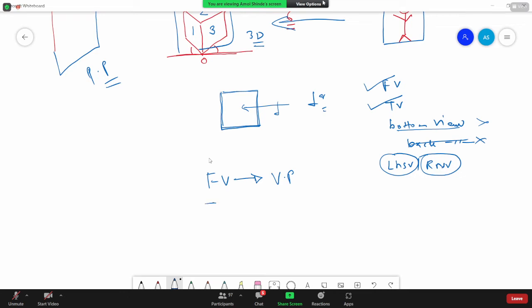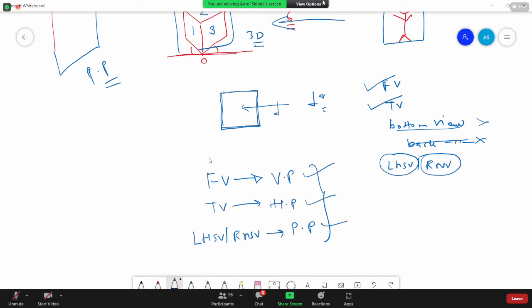If I want the top view, I need a reference plane, called HP. And I need LHSV or RHSV on a reference plane, called the profile plane. So these are the 3 main principal planes: vertical plane, horizontal plane, and profile plane.